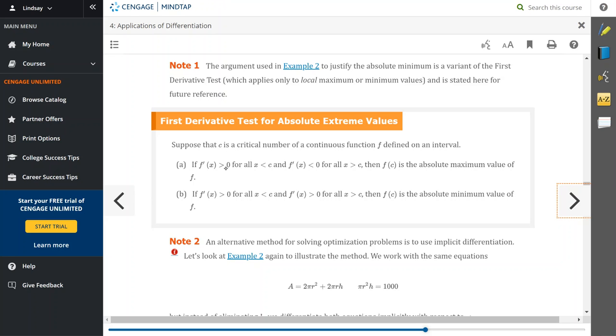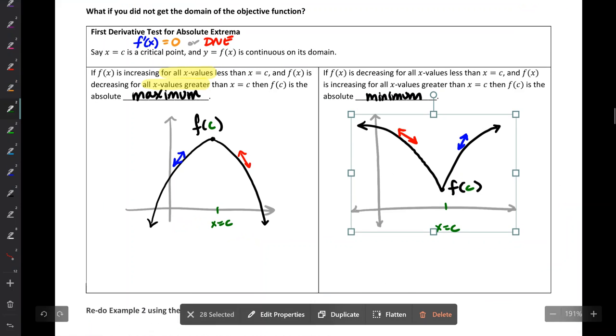If the first derivative is greater than 0, that means positive for all x values less than c, and then the first derivative is less than 0, in other words, negative for all x values greater than c, then f of c is going to be an absolute maximum. And then the reverse here with absolute minimum. I think that the inequalities can be a little challenging to read, but, you know, to each his own.